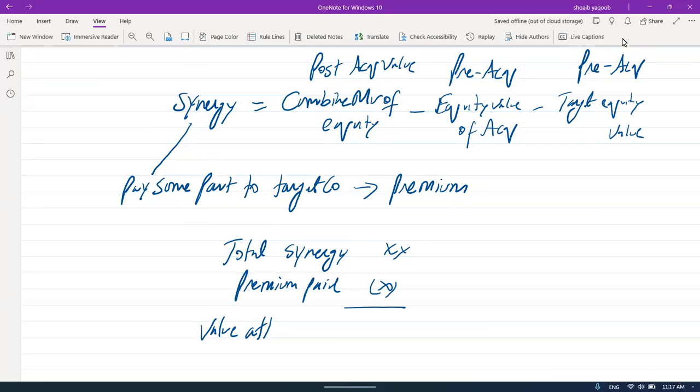It's a difficult English phrase, so students are often confused by it. Value attributable to acquirer. And the premium is the value attributable to the target company. That's how you will divide the gain into two parts.